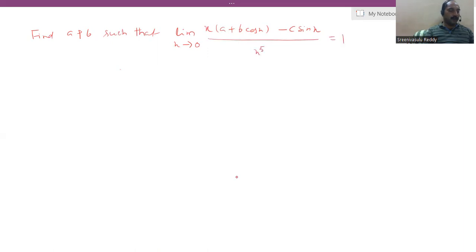Already they provide the limit value, also 1. They want the values of a and b. This is the third problem.